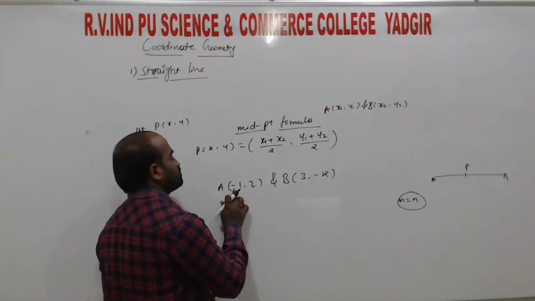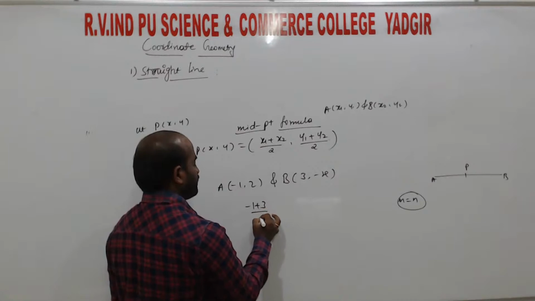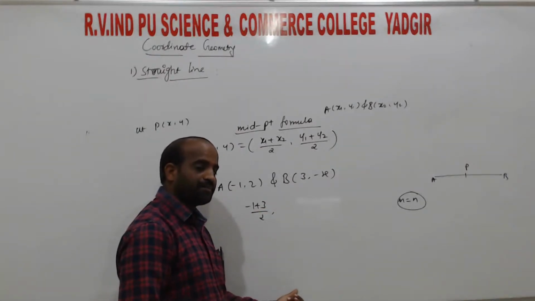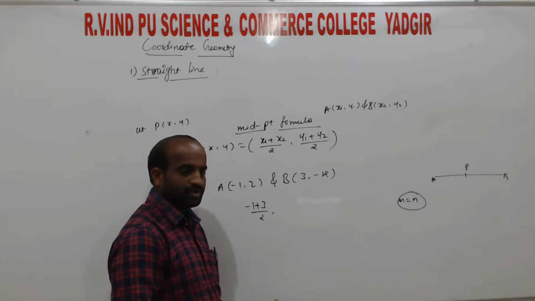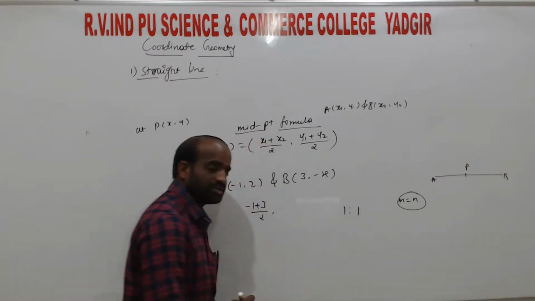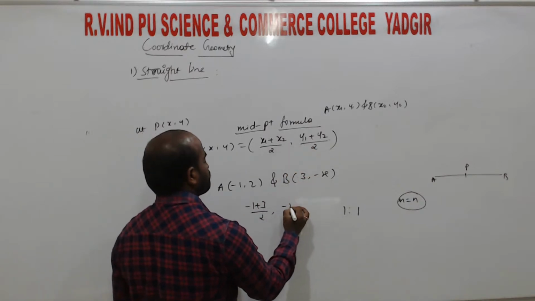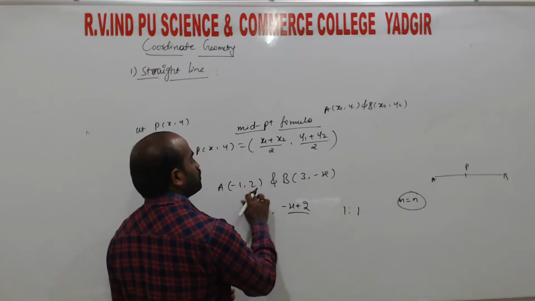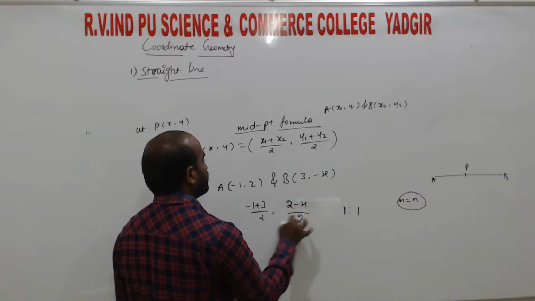Minus 1 plus 3 divided by 2, because (mx2 plus nx1) divided by (m plus n), where m is equal to n, so m plus m is 2m. Now the ratios are the same, 1 is to 1, 1 plus 1 is 2. Next, minus 4 plus 2 or 2 minus 4, divided by 2.